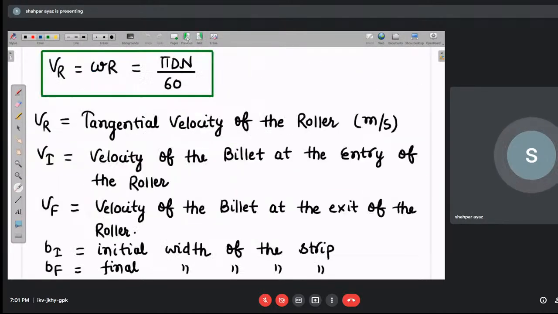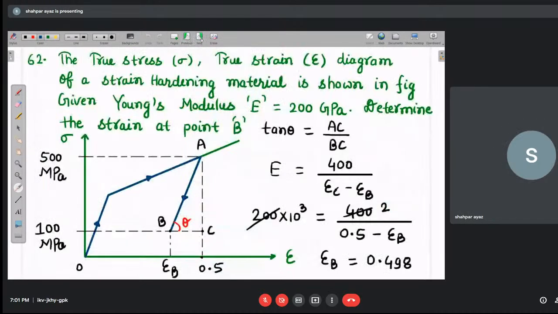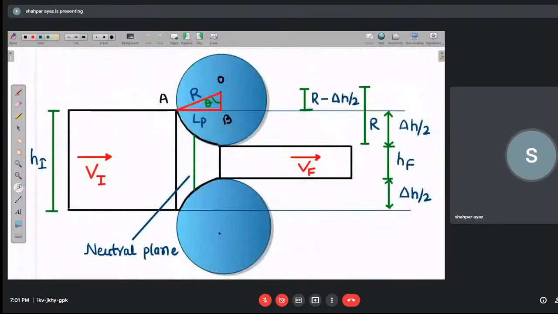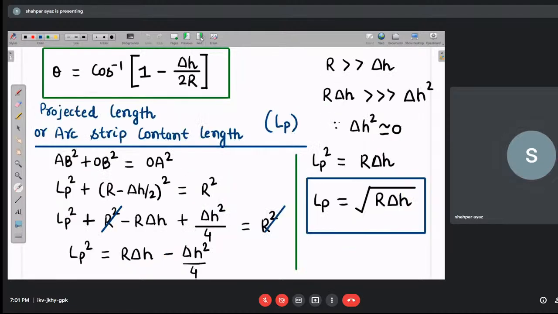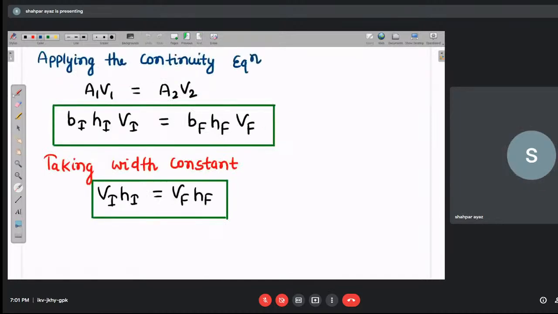I was talking about the neutral plane, my dear. See, the neutral plane is the plane at which roller velocity and billet velocity are equal. So at the neutral plane, the roller velocity is equal to Vn.